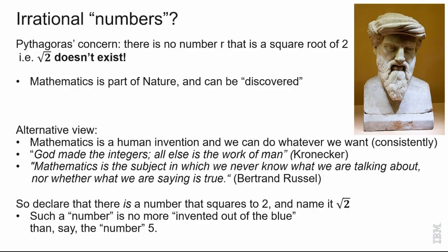And if you think of it, it's not more invented out of the blue than 5. So somebody wants to solve the equation x minus 1 equals 4. So you have to invent the number 5 for that. And 5 is a figment of imagination, just like the square root of 2 is.